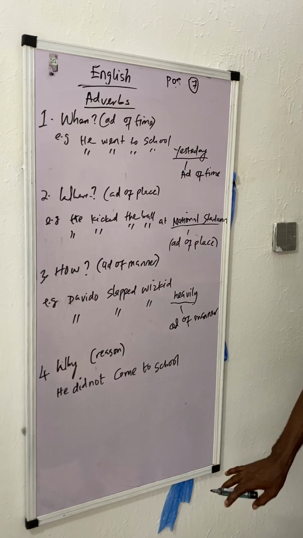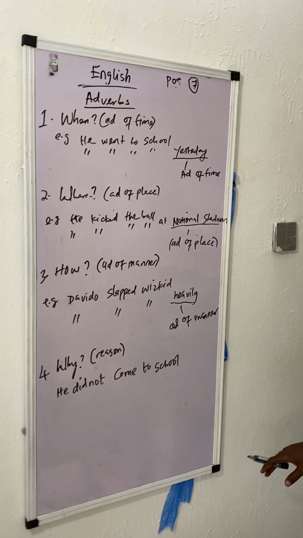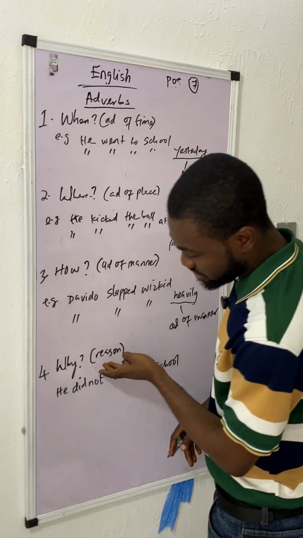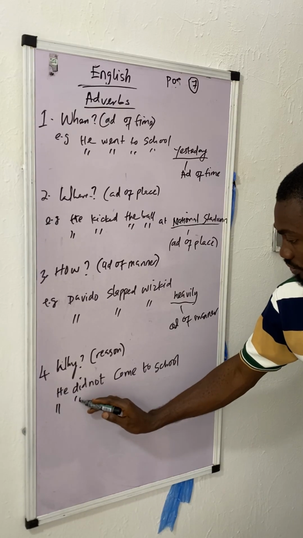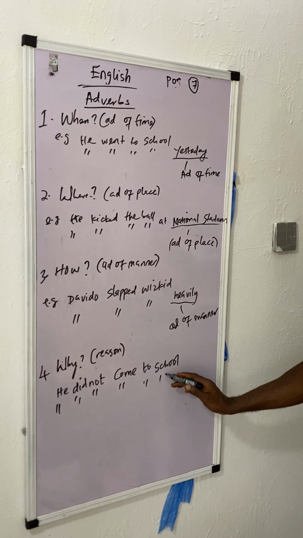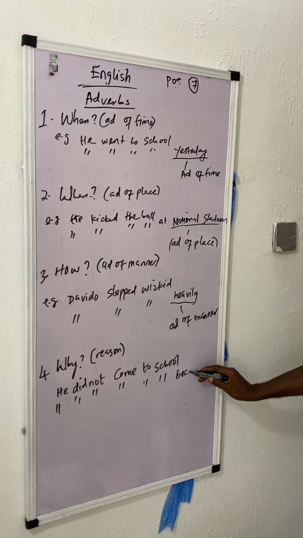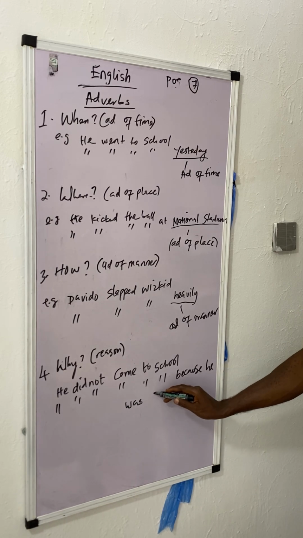Why? So the teacher is asking why didn't he come to school? So you now give the reason, answering the question why. The reason, adverb of reason. He did not come to school because he was sick.